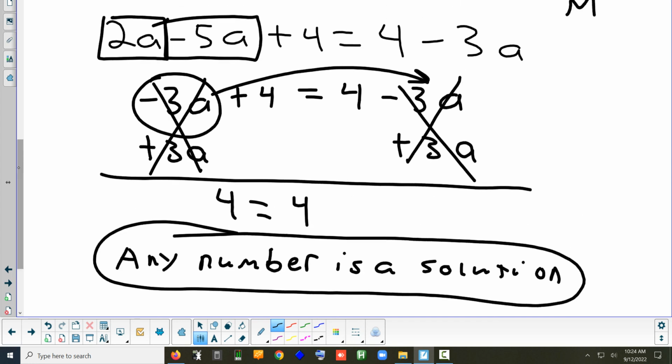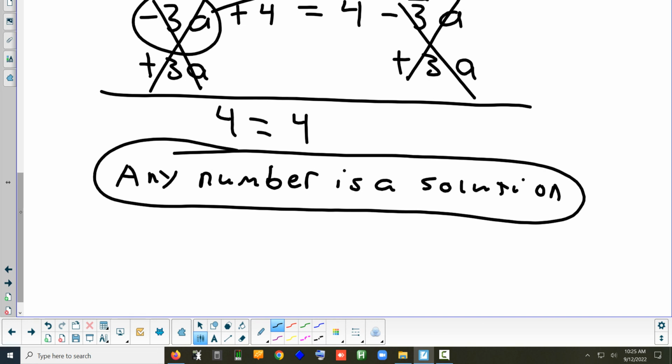Whenever all the variables disappear, now you're down to one of two answers. No solution, or any number is a solution. Any number always happens when you end up with the same thing on both sides.